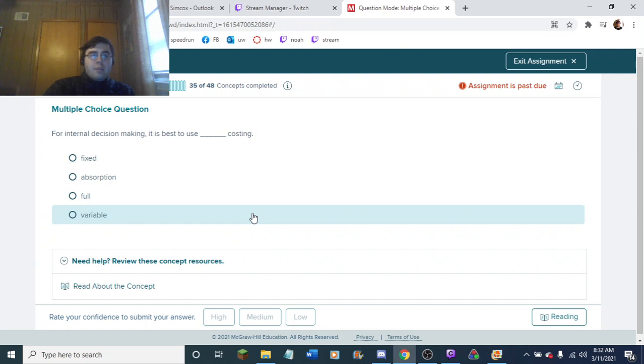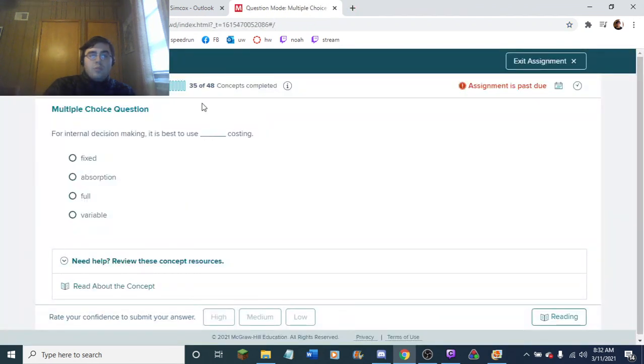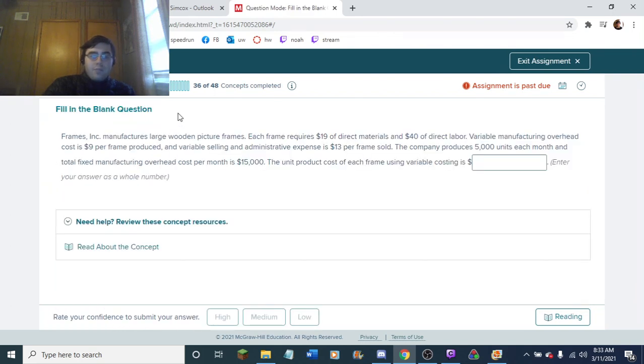For internal decision making, it's best to use variable costing. So what is the unit product cost of each frame?